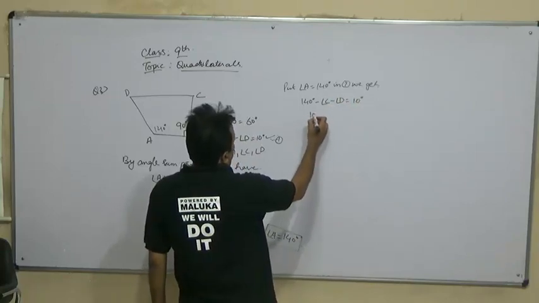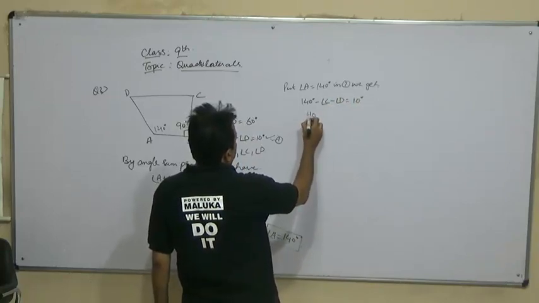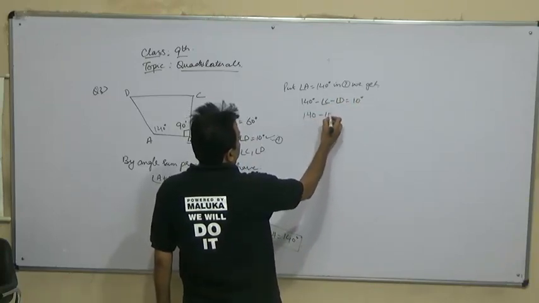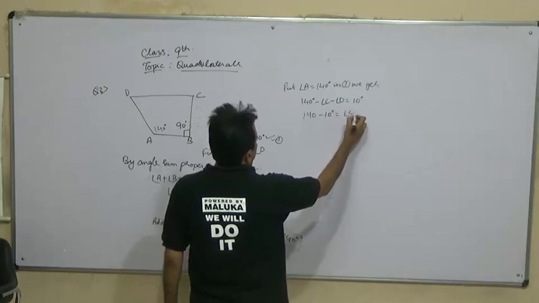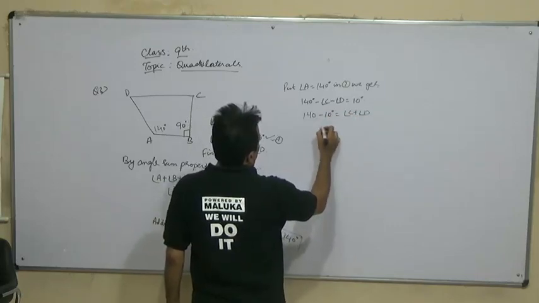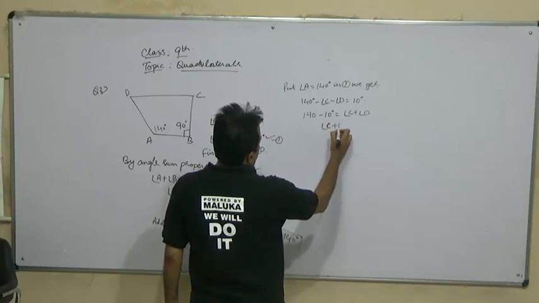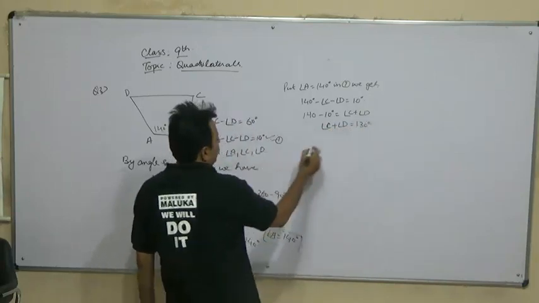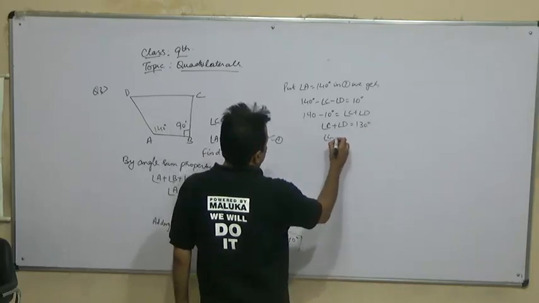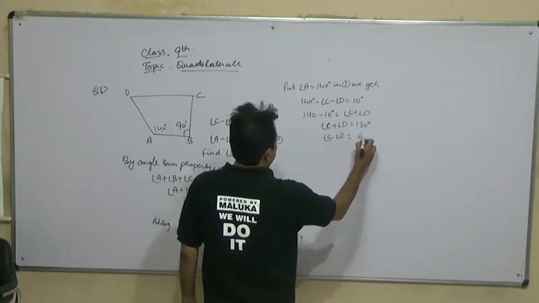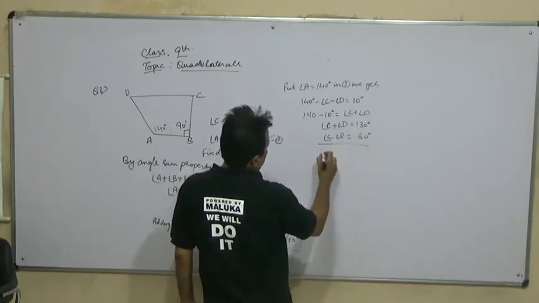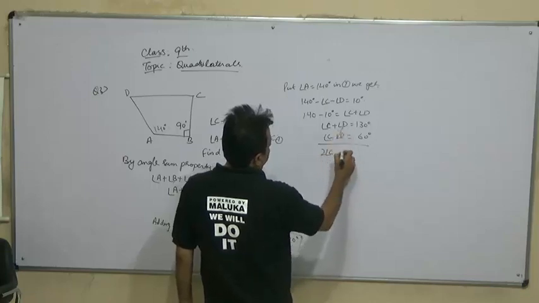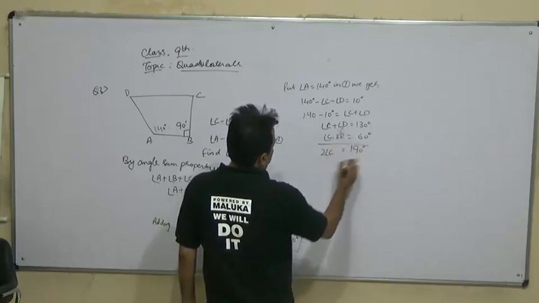Now this is 140 degree minus 10 degree is equal to angle C plus angle D. So angle C plus angle D is equal to 130 degree, and angle C minus angle D is 60 degree. Add these two, this will be double angle C will be equal to 190 degree.